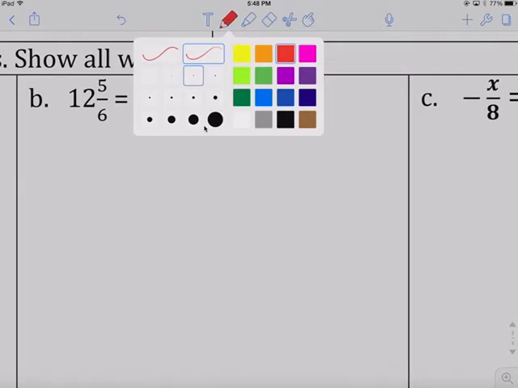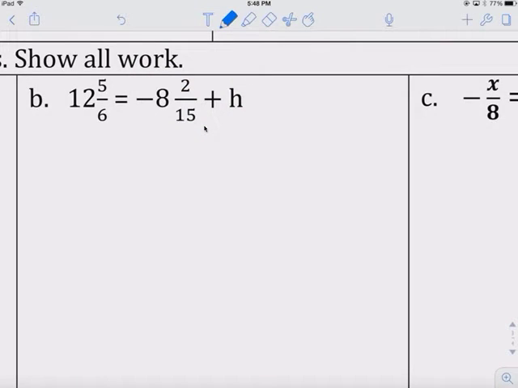Okay, so here, to get rid of it on this side, the H side, make 8 and 2/15 equal to 0. Add 8 and 2/15.